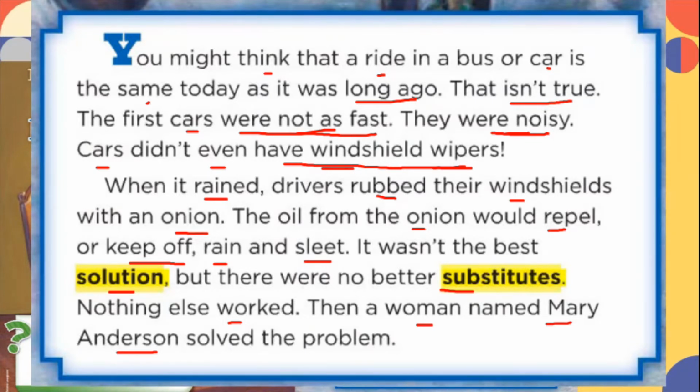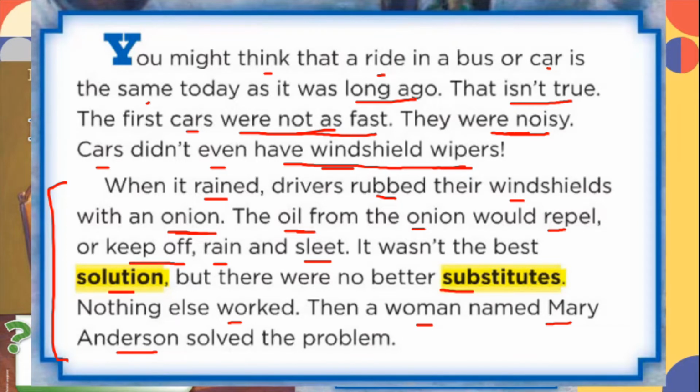Okay, there's something that happened here. I can ask you, for example, why did the drivers use onion? You see, here they said they used to rub the windshields with onion. Why? Because the oil from the onion would repel or keep off rain and sleet.